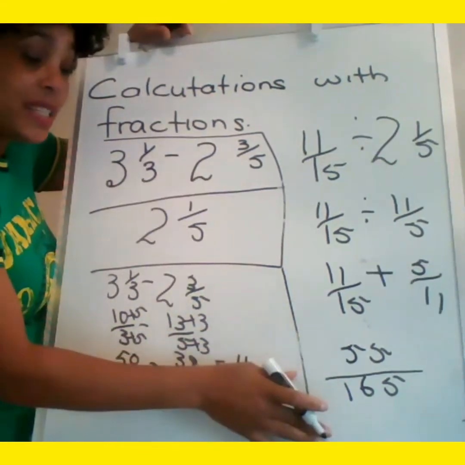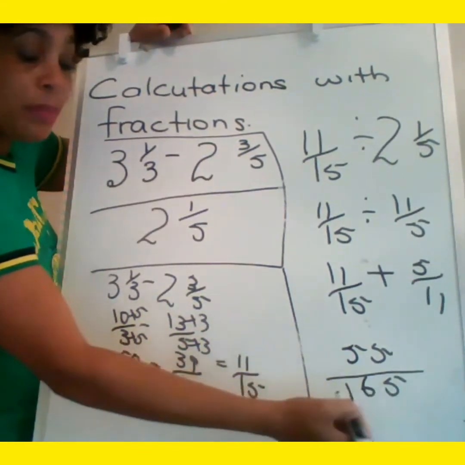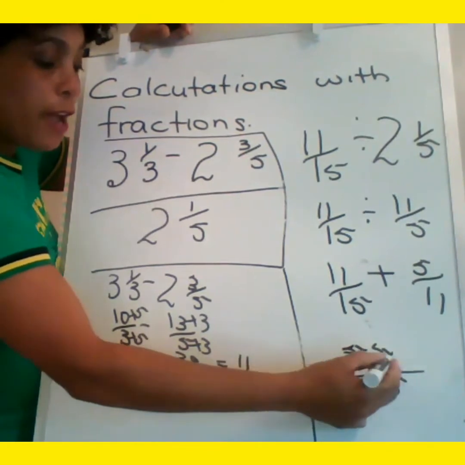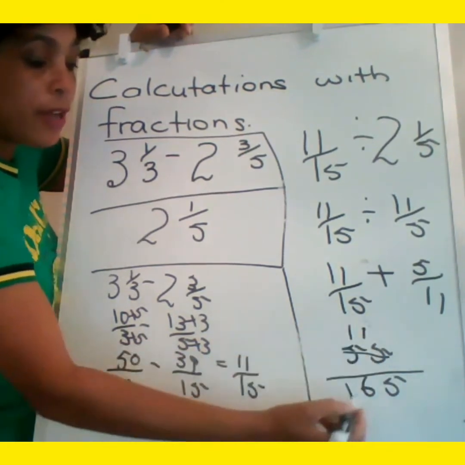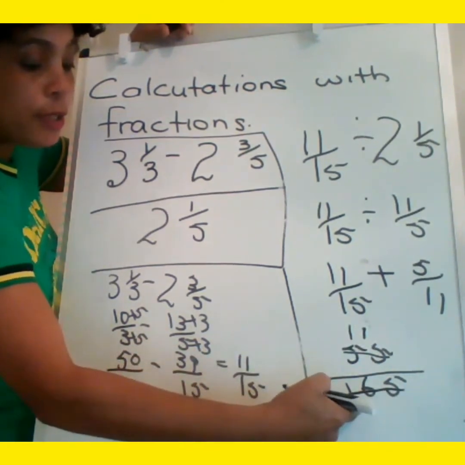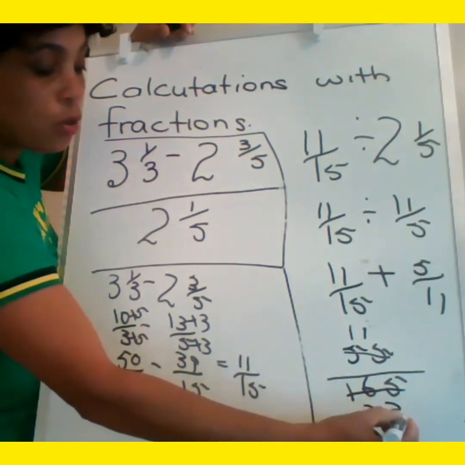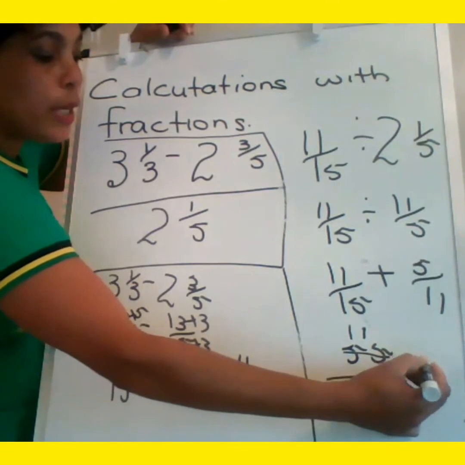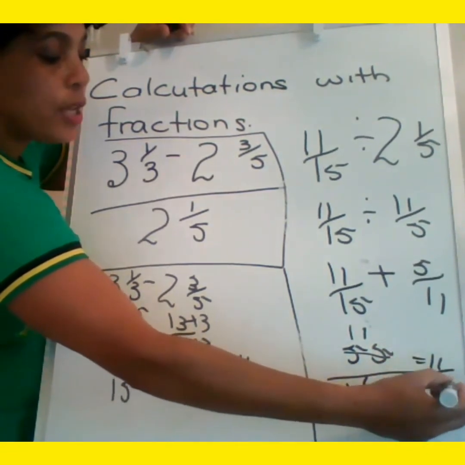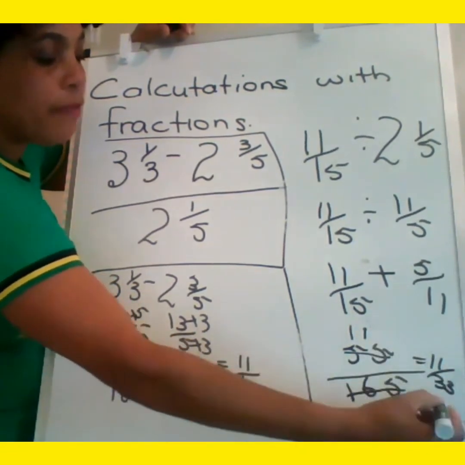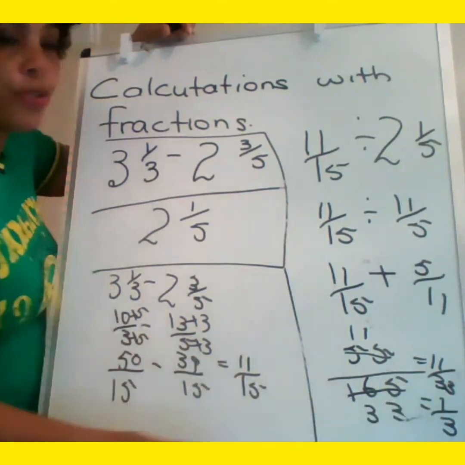We can cancel this down. Both of them can be divided by 5. 5 into 55 is going to be 11, 5 into 165 is 33. So 11 over 33 can be divided by 11 again, which gives us 1 over 3.